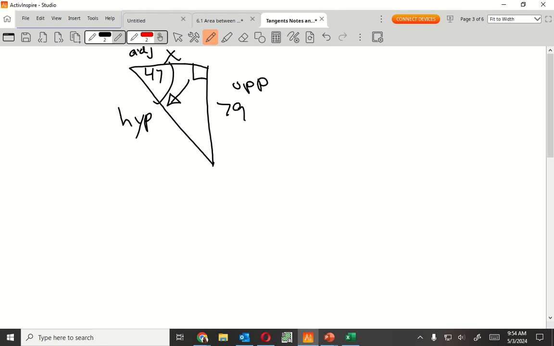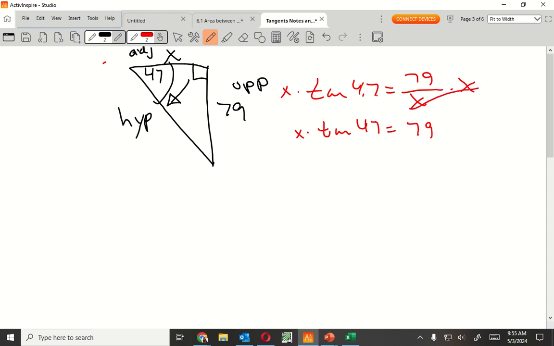So, that's going to be tangent 47 is equal to 79 over x, multiplied by x, and then divide by tangent 47. X is 79 divided by tangent 47. 73.7.